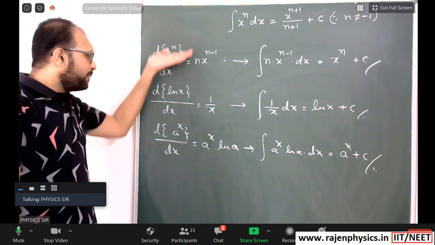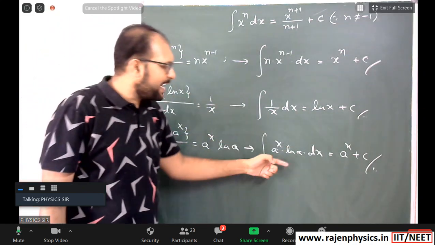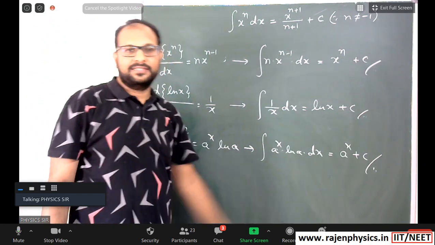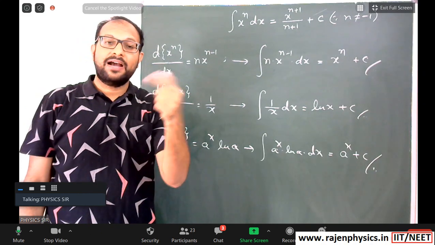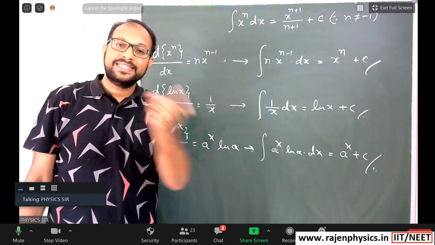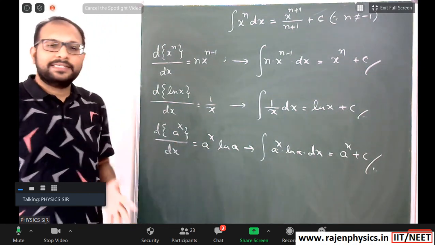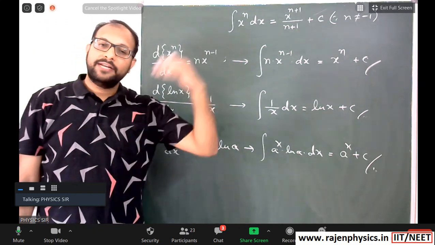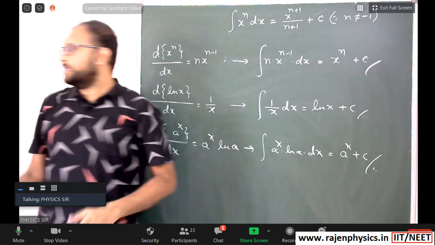So all the derivatives we know previously, you can now write inversely in integration form. Suppose the derivative of sin x with respect to x is cos x. That's why the integral of cos x dx is sin x. Like that, whatever differentiation was done previously, oppositely write it for the integration.